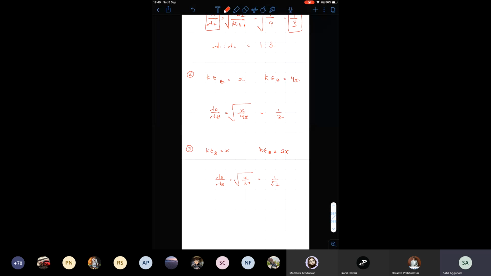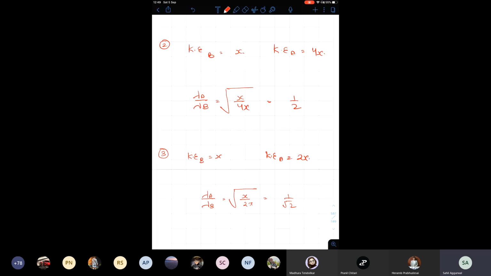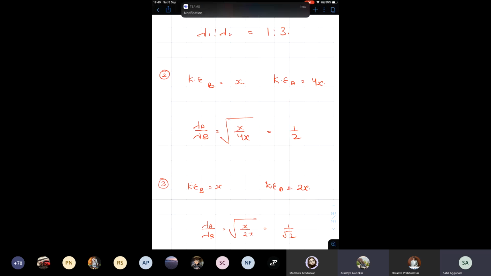Yes, Madhura. All of you understood? Could you please scroll up a bit? Can we solve it without using x?